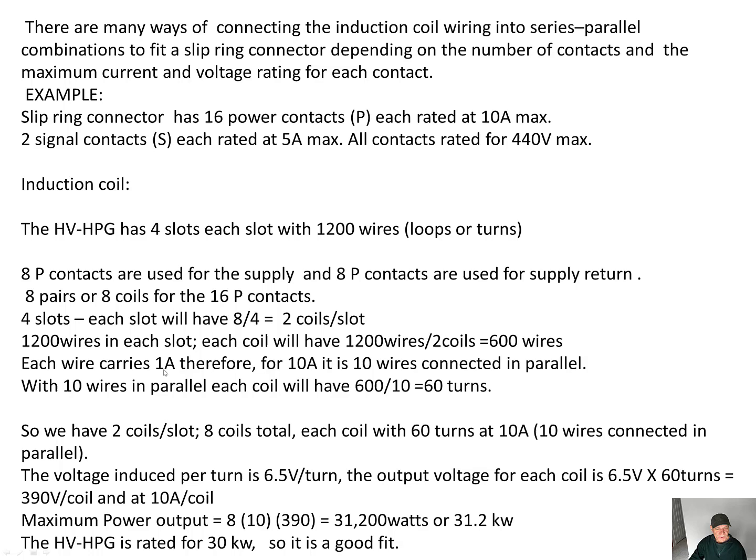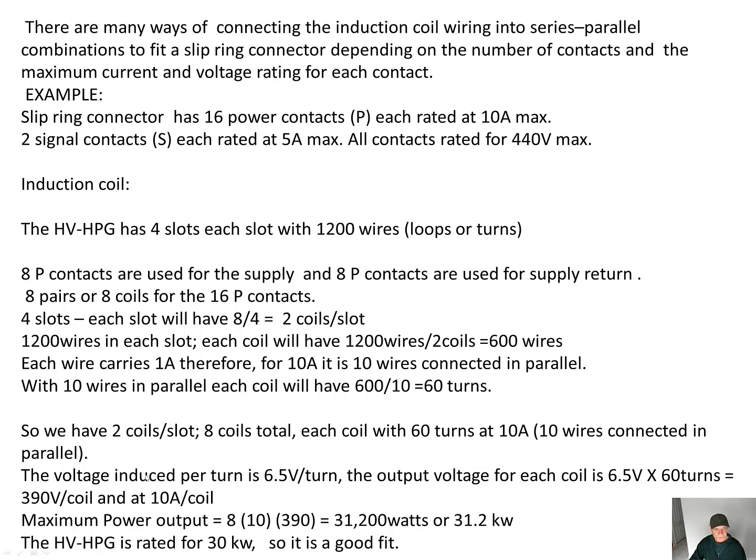Each wire carries 1 amp, and therefore for 10 amps it is 10 wires connected in parallel. With 10 wires in parallel, each coil will have 600 divided by 10, so 60 turns of 10 wires in parallel. So we have 2 coils per slot, 8 coils total, each coil with 60 turns at 10 amps, 10 wires connected in parallel.